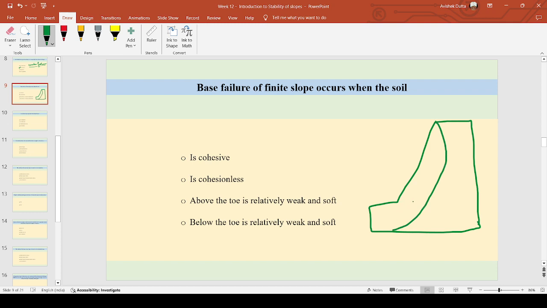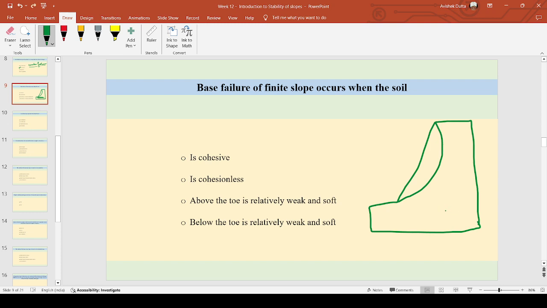If it is extending above the toe, then the soil in this portion, I can say it is stable or it is strong, hence it has not failed. Now if it is extending till the toe, that means up till here, then this part of the soil is stable or strong, and hence it has not failed.